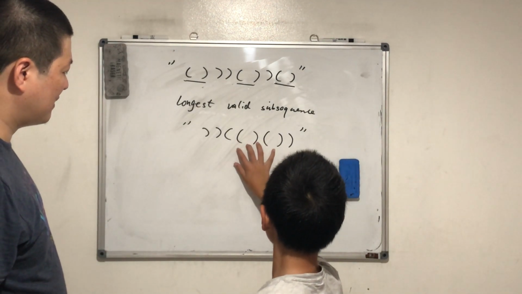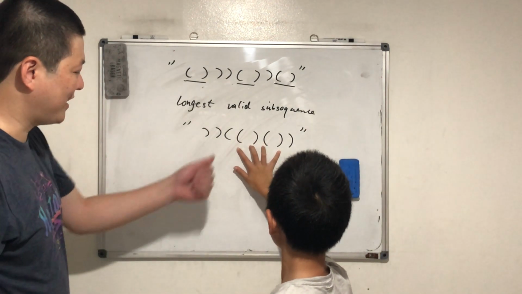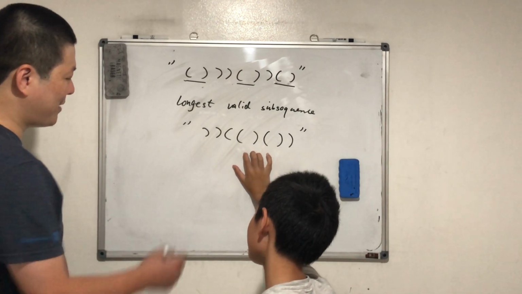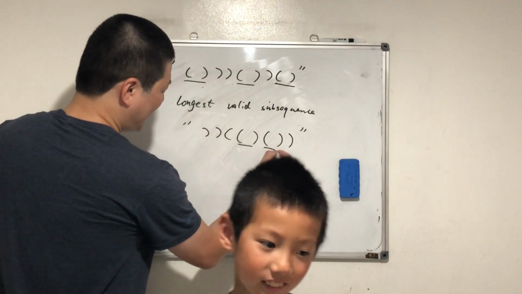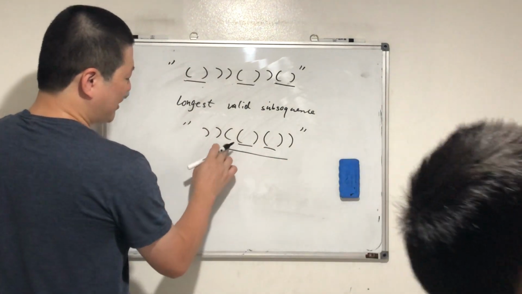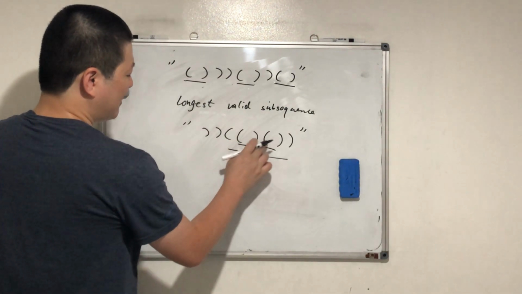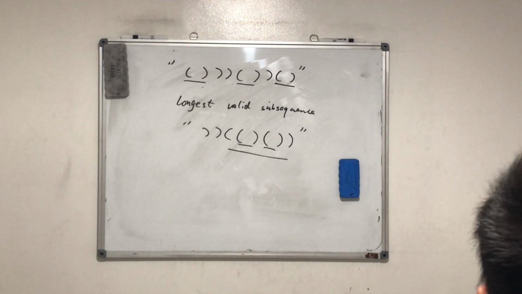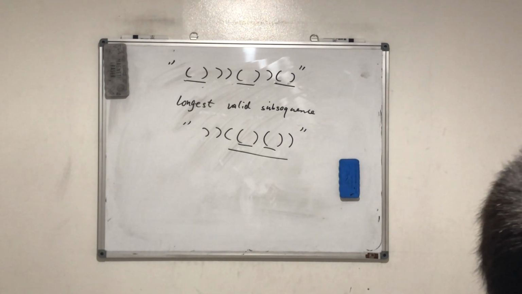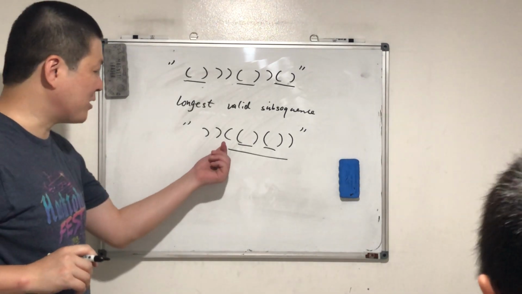How about the one bigger than that? How about this? So the longest would be 6. Here you return the number of the parentheses. So the longest is 6.